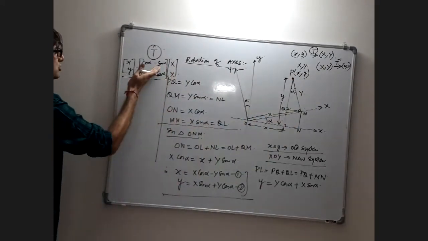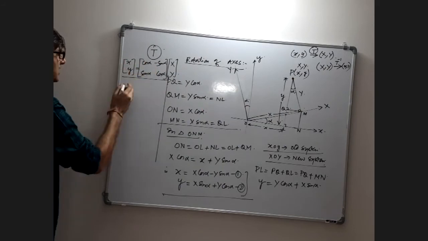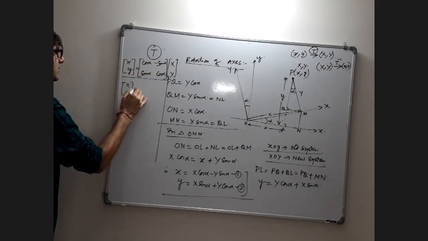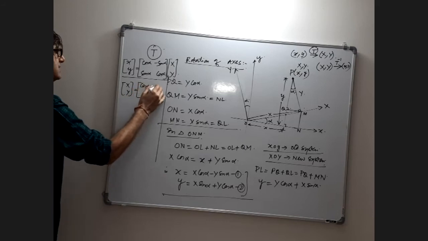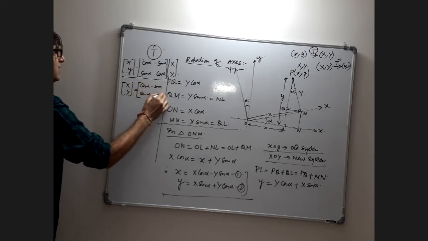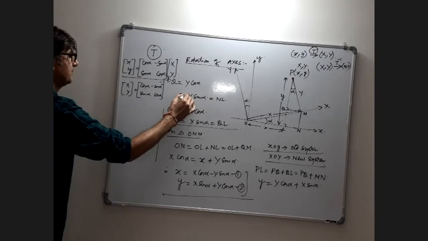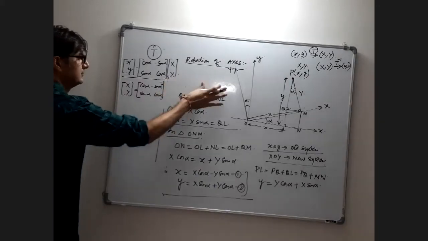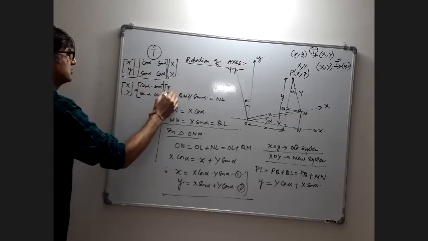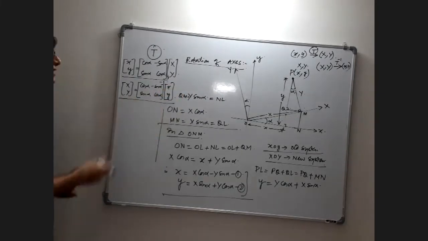What will you do? Take the matrix to the other side, that is, take its inverse. So x y will be equal to the inverse of cos alpha, minus sin alpha, sin alpha, cos alpha, multiplied by capital X and capital Y. This is very simple. Did you understand? Is there any doubt with regard to this? No, sir.